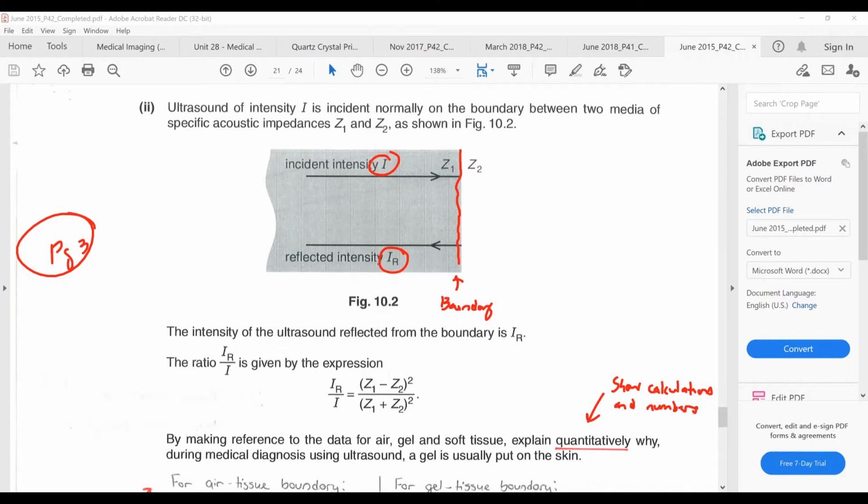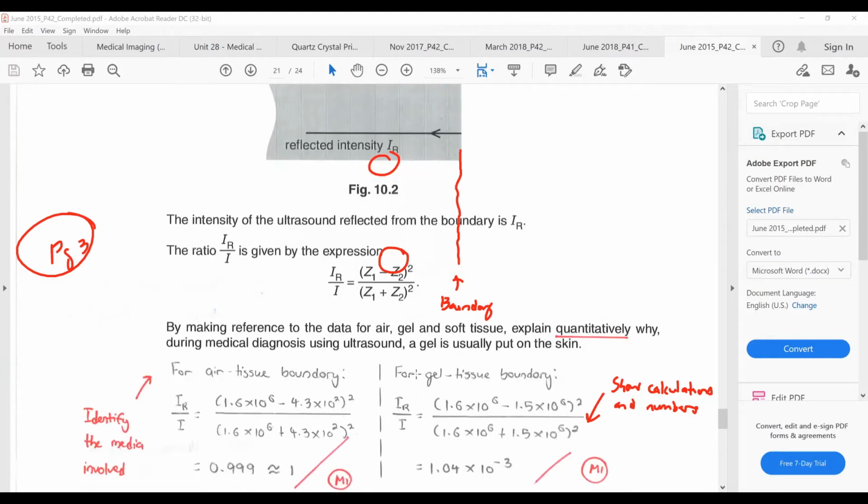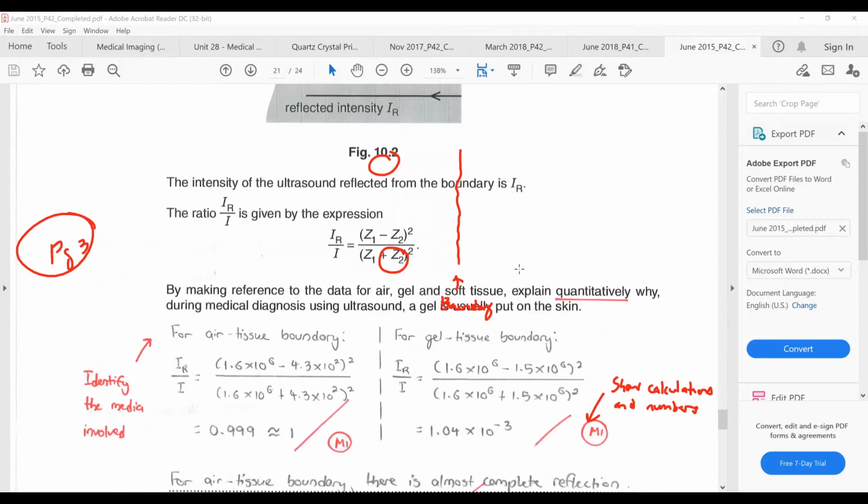Right? So explain quantitatively why during medical diagnosis using ultrasound, a gel is usually put on the skin. This one I did kind of mention to you just now. When you want to put your ultrasound transducer, if you just put it directly like this, I mentioned to you that you would have a layer of air.